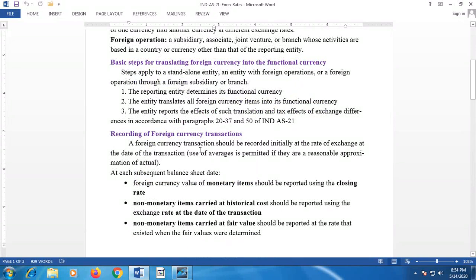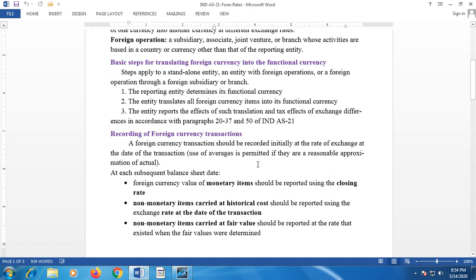Recording of foreign currency transactions. A foreign currency transaction should be recorded initially at the rate of exchange at the date of transaction. That means when the transaction takes place, at that date, whatever the exchange rate is, at that rate the transaction is recorded.